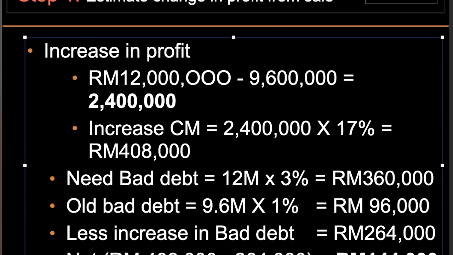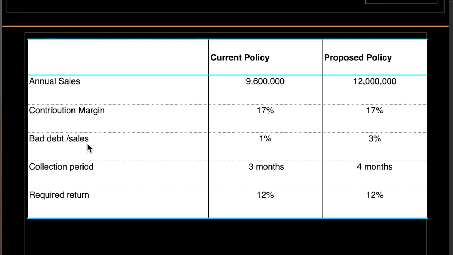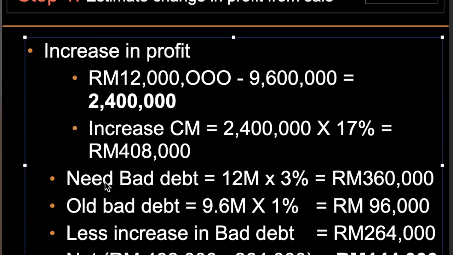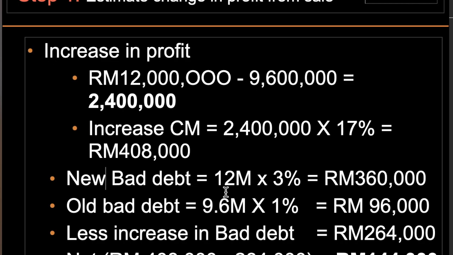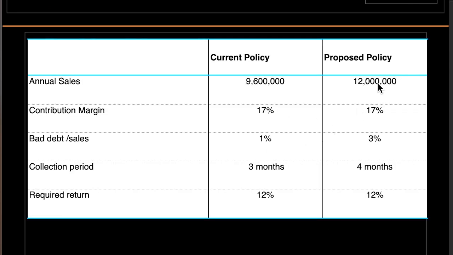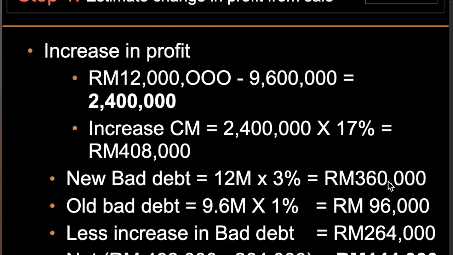So we go over to bad debt. Our bad debt increased from 1% to 3%. So we start from 3%. So this is new. Okay, new bad debt is 12 million multiplied by 3%, which gives us 360,000 ringgit.